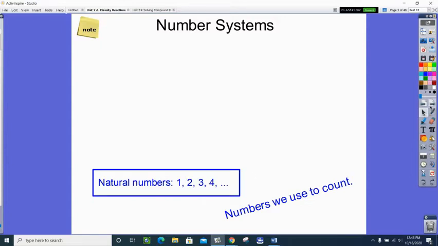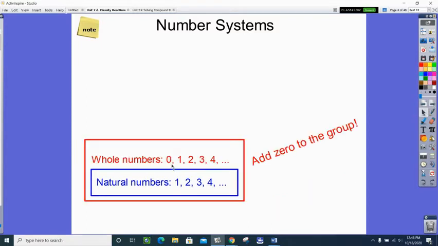When you got into kindergarten, one new number joined the group, and it was the number 0. In kindergarten, I remember my kids calling him Zero the hero, right? So you came up with the idea that there was something that represented nothing. If you add 0 to the natural numbers, this is now called the whole numbers.